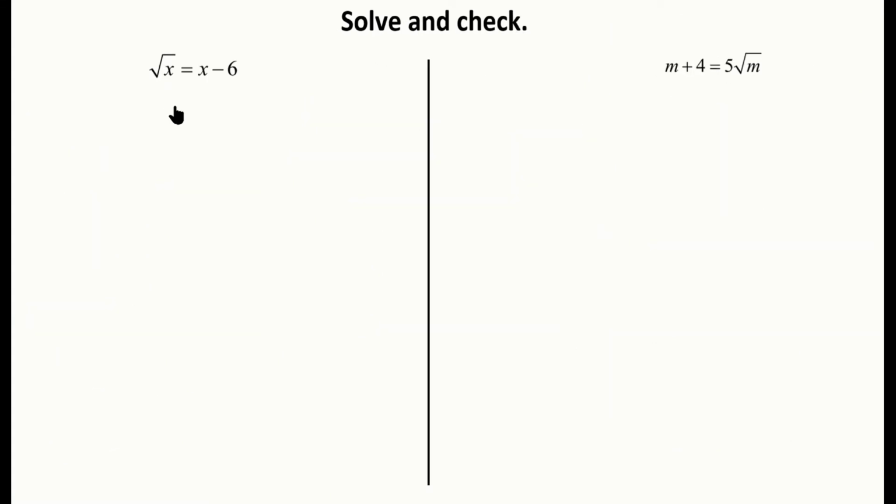Okay, so in this next set of problems, we can see that we have a square root here. We also have a binomial on this side, so we need to be really careful with these, because yes, we're going to go ahead and square both sides.